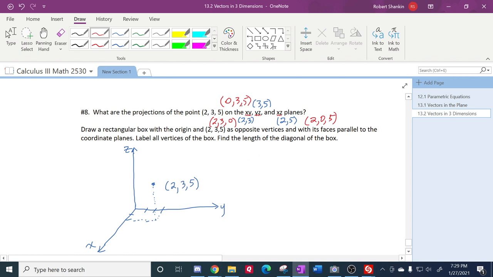All right. Now, let's look at the XZ. What are the projections of this point onto the XY plane? To project this onto the XY plane, you just stick it straight down onto the floor, and all you had to do was zero out the Z coordinate.